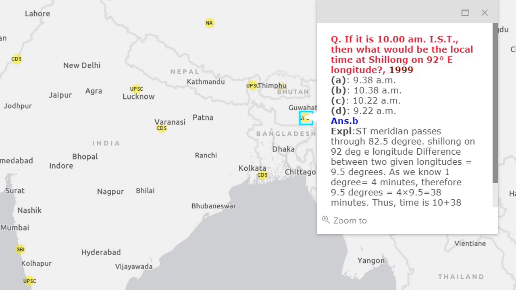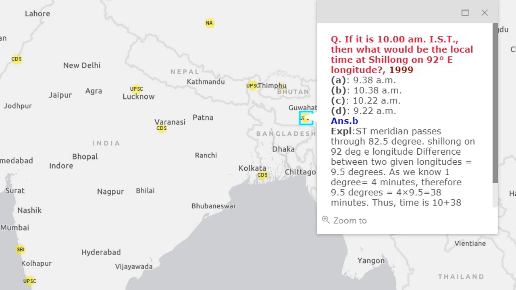82 and a half. What does 82 and a half mean? This is 30 minutes. Either you can say 82.5 degrees, or you can say 82 degrees 30 minutes, because 30 minutes is half of 1 degree.